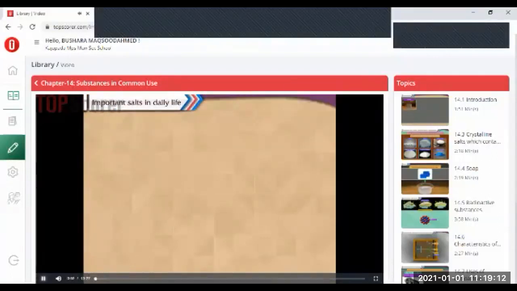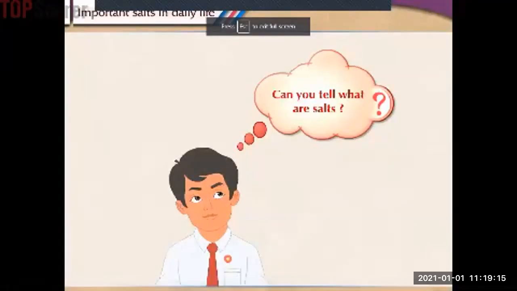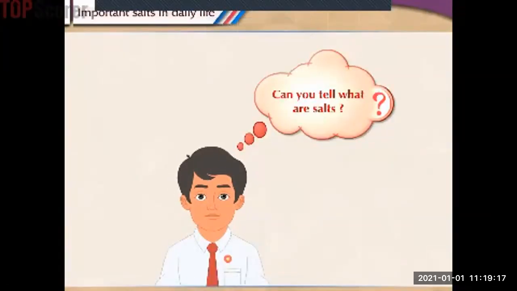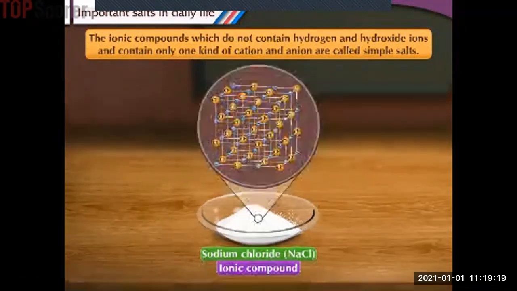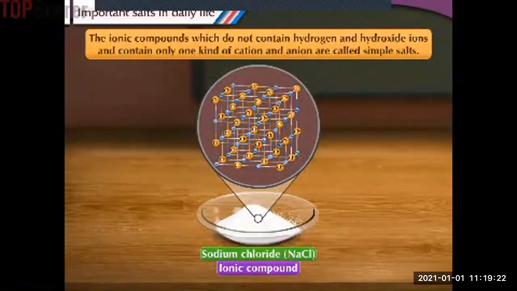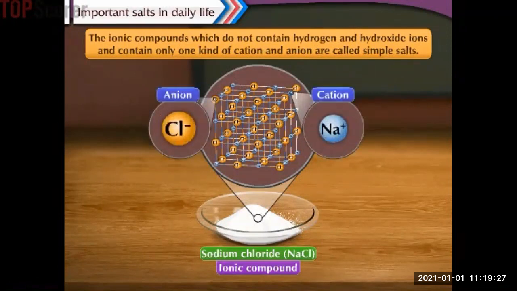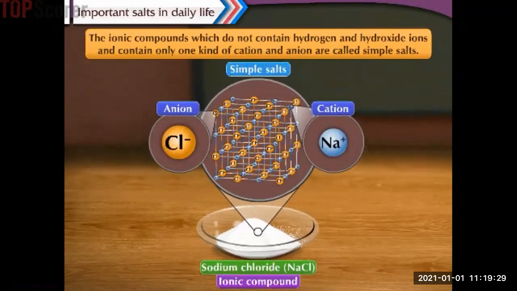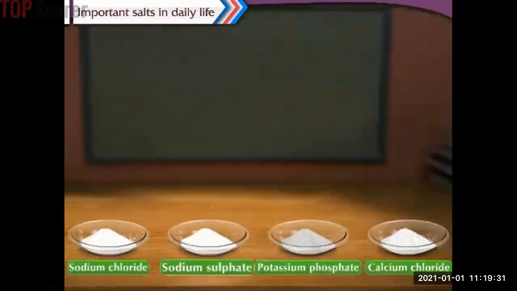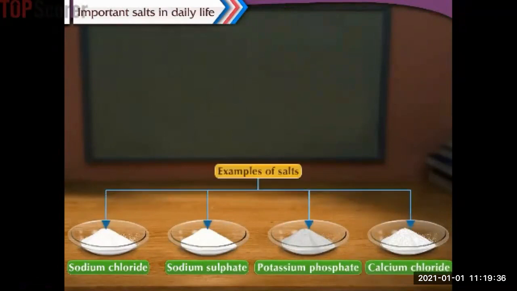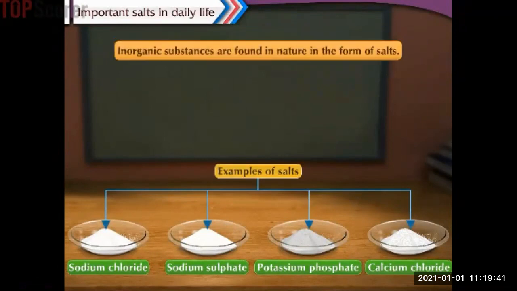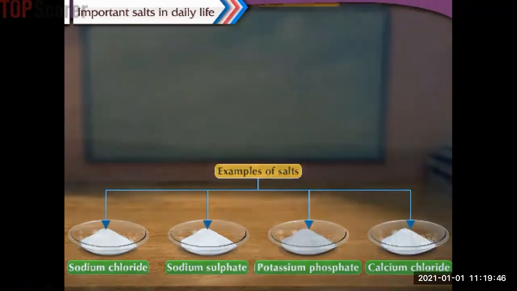Important salts in daily life. Can you tell what are salts? The ionic compounds which do not contain hydrogen and hydroxide ions and contain only one kind of cation and anion are called simple salts. Sodium sulfate, potassium phosphate, calcium chloride are some examples of salts. Inorganic substances are found in nature in the form of salts.